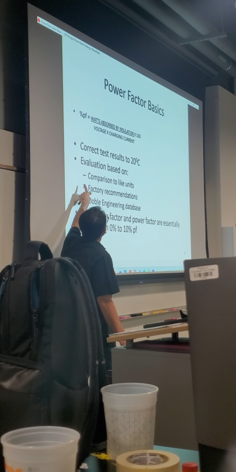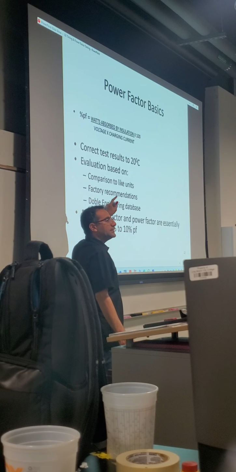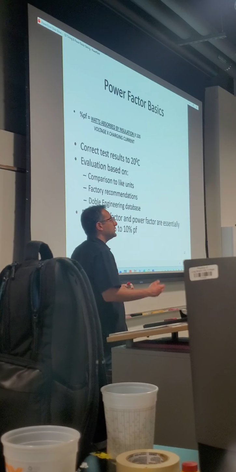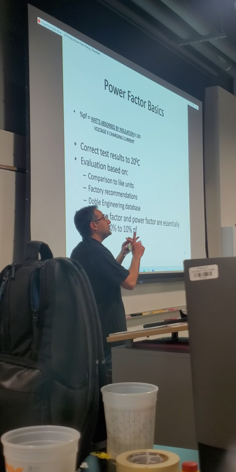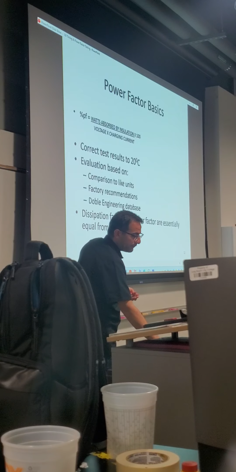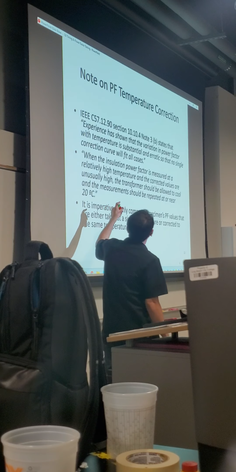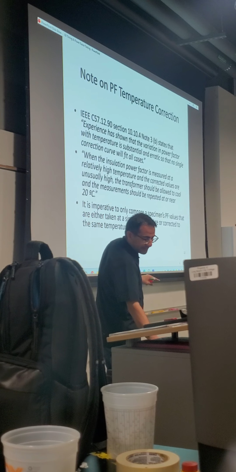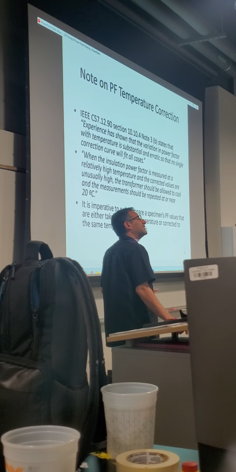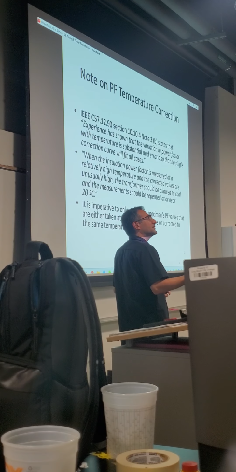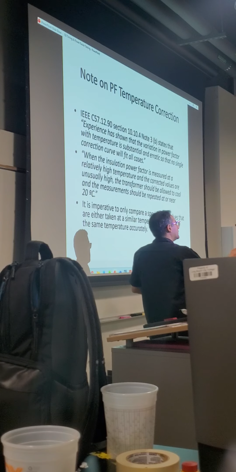The other factor which is impacting the insulation test results, just like Megger, is temperature and humidity. So everything should be corrected. The temperature should be corrected to 20 degrees Celsius, which is 68 degrees Fahrenheit.